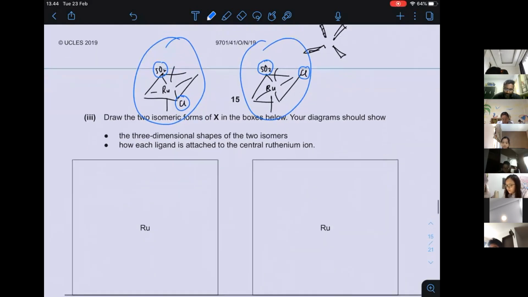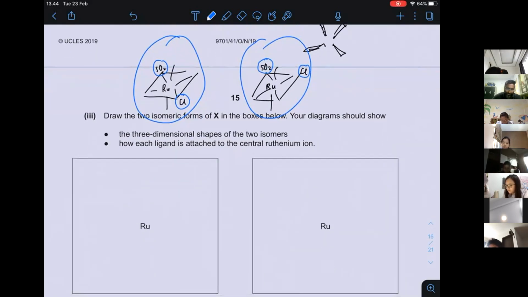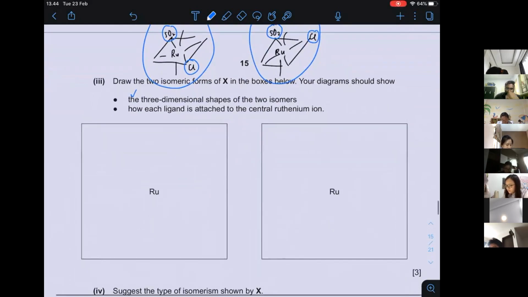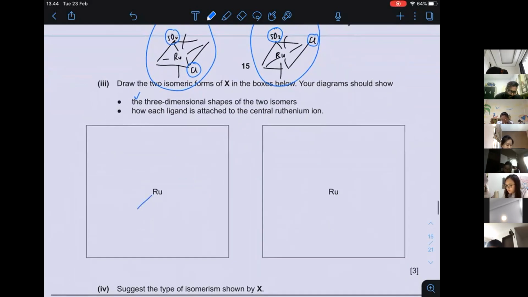So if I want to draw, please remember it's a 3-dimensional shape. So you draw accordingly like this. This one is going to be like this and like this. Then you put Cl. This is ammonia. And then this one you can draw like this.